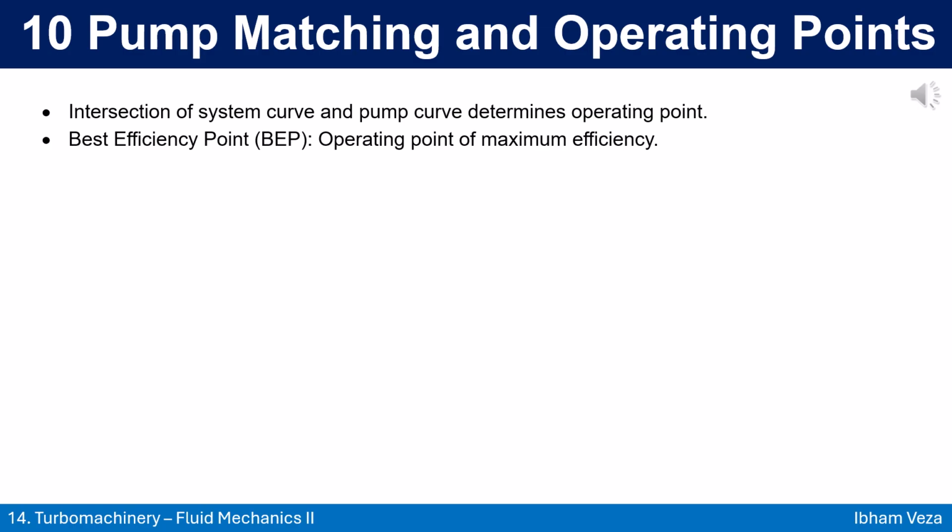Operating consistently near the BEP extends pump life, reduces maintenance, and lowers energy costs. Straying too far from this point can cause cavitation, overheating, or mechanical stress. That's why pump matching is a critical part of system design. It's not just about moving fluid, it's about doing so intelligently, sustainably, and reliably.